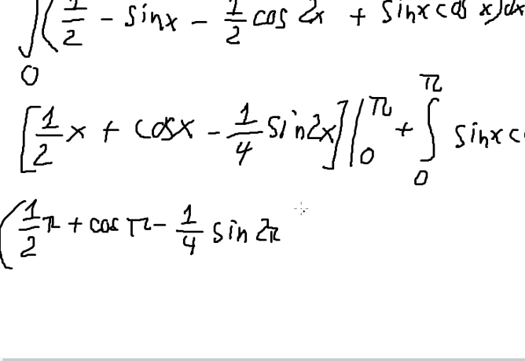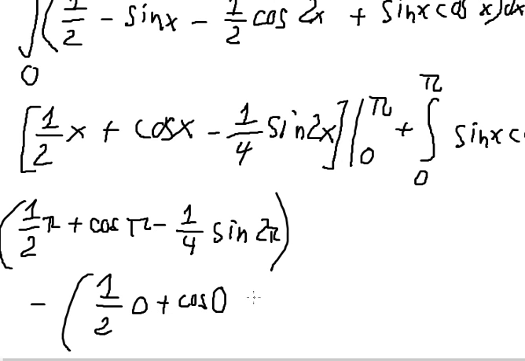Everything we need to minus about 1 over 2 times 0 plus cosine 0 minus 1 over 4 sine 2 multiplied with number 0.